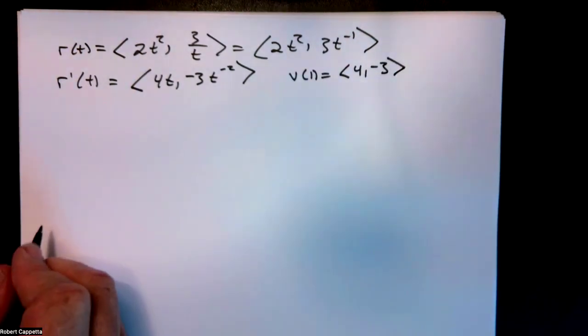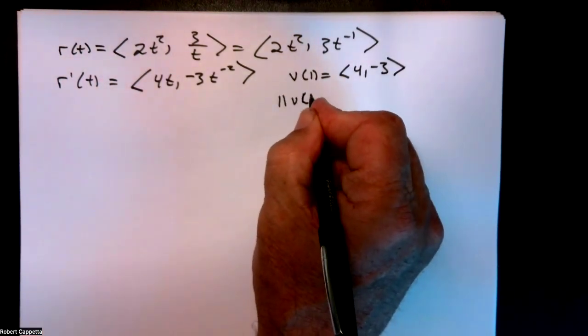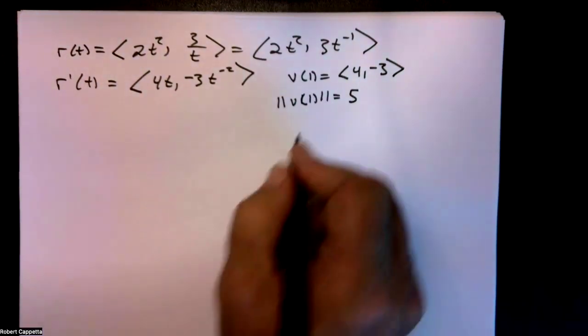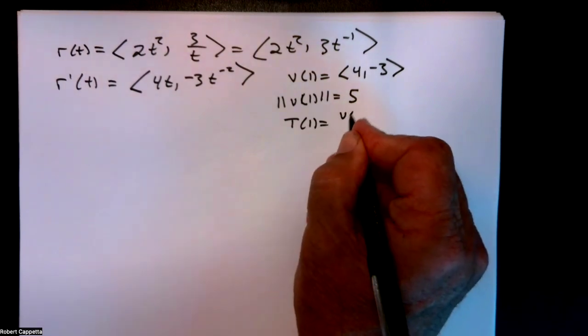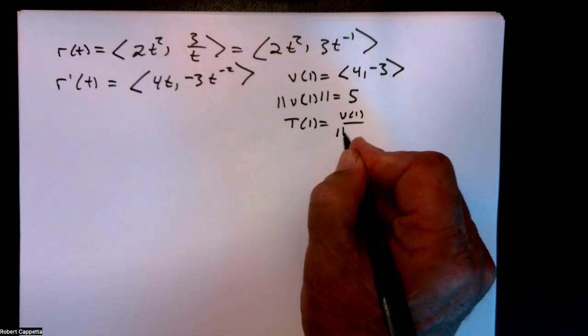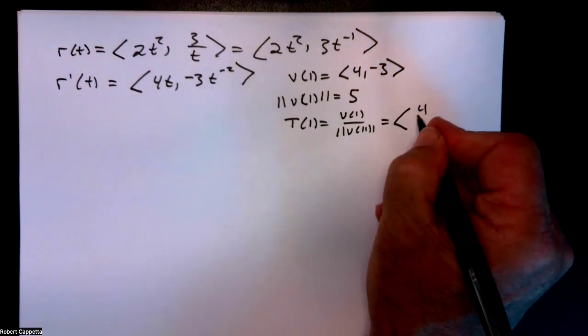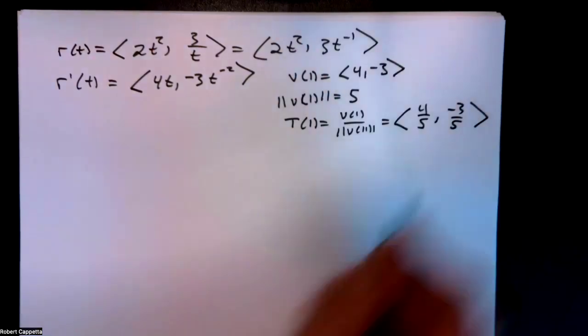And the magnitude of the velocity at 1 is just 5. So we know that T of 1 is velocity over speed. So it's 4/5, negative 3/5. So we get that for T of 1.